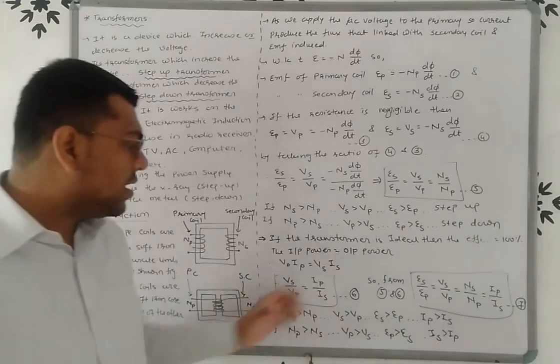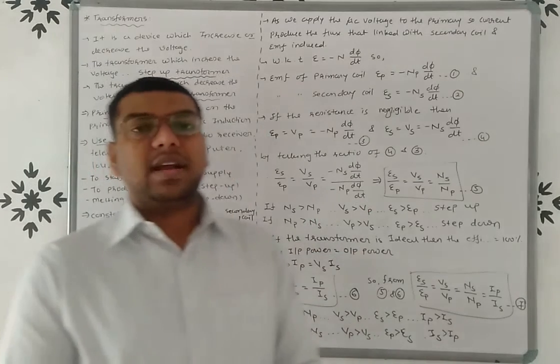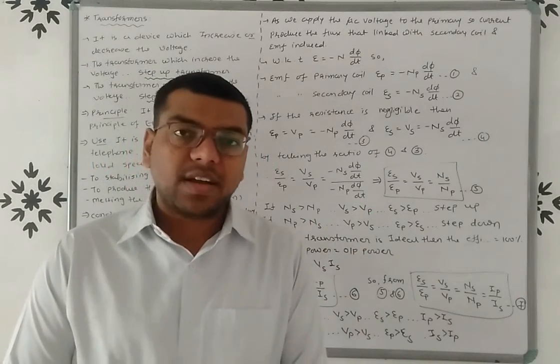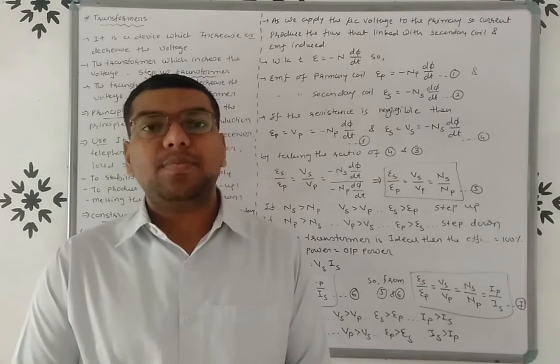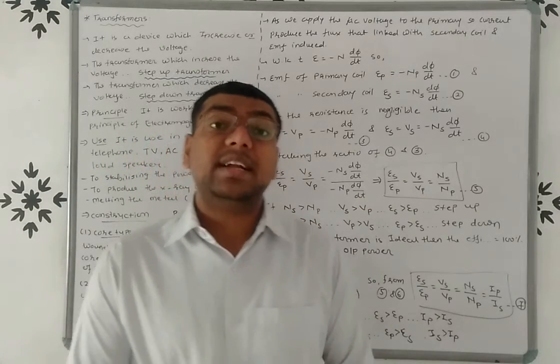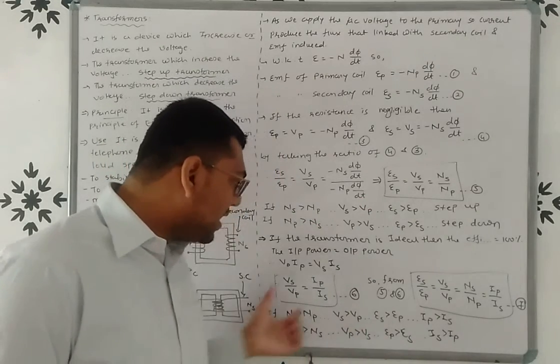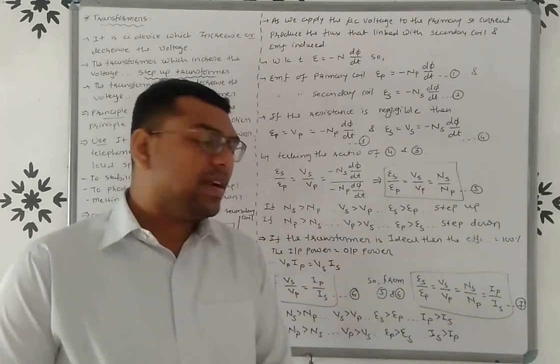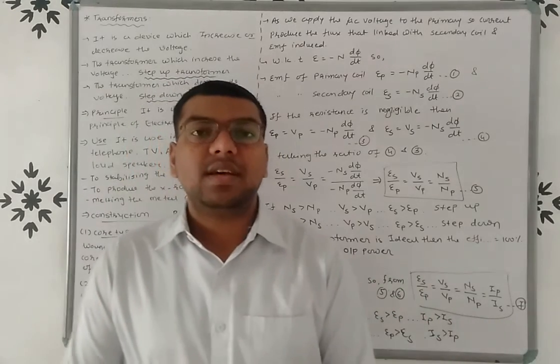So this is some concept, right? If Ns greater than Np, then what is the condition of current? If Np greater than Ns, then what is the condition of current? So you can answer this question from this relation, that is equation 7, right?